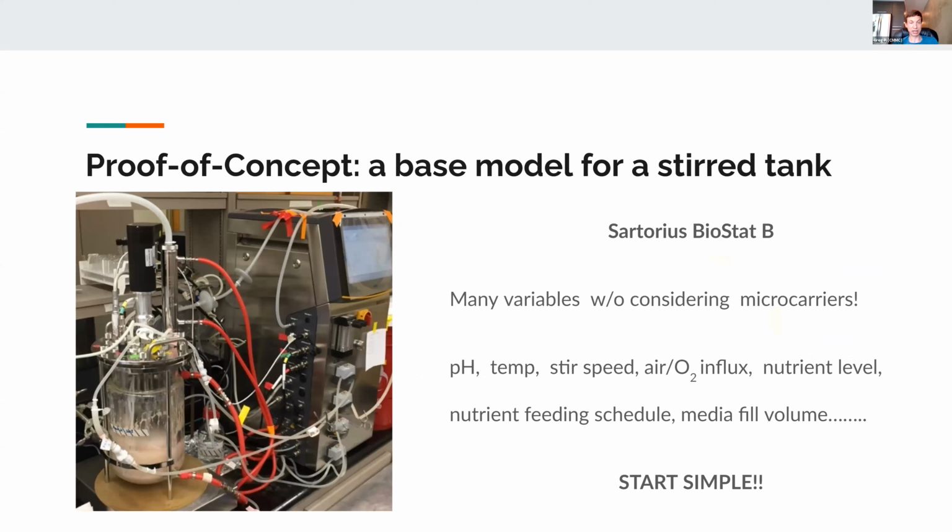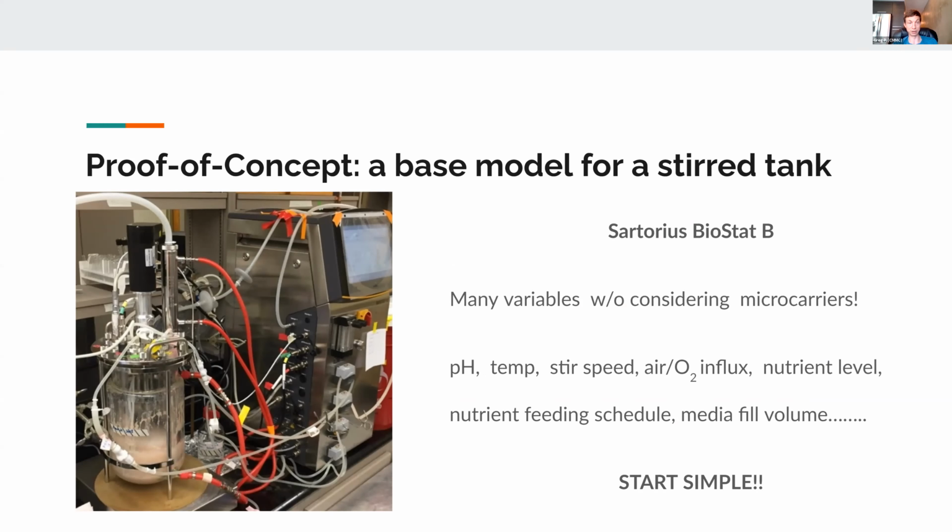And so this slide here with all the little spaghetti wirings and whatnot is not actually a microcarrier system, it's a microbial system, but it illustrates the point that bioreactors, which have a lot of control, are quite complicated. In this case, there's a whole host of different toggles or elements of the system which you can toggle to optimize the output.